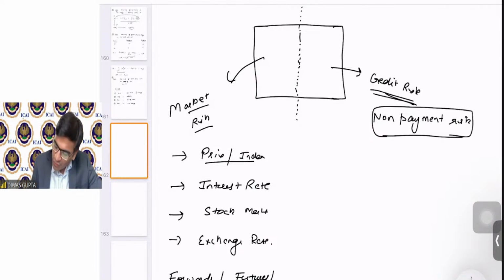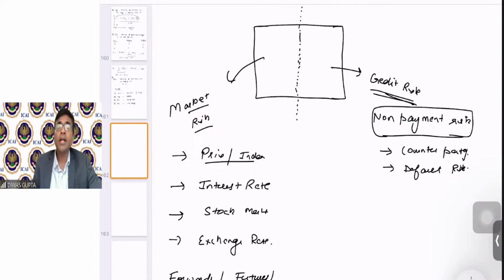We can actually name it counterparty risk, in which case the counterparty is not able to oblige once the time comes to pay that amount. Similarly, we can also call it default risk, where the counterparty is actually defaulting.